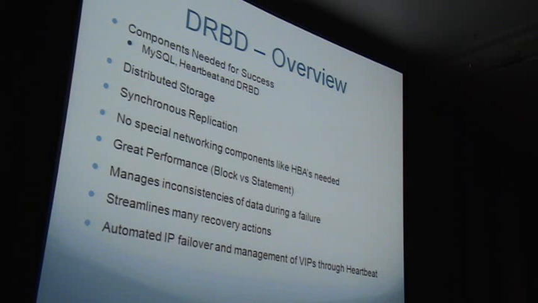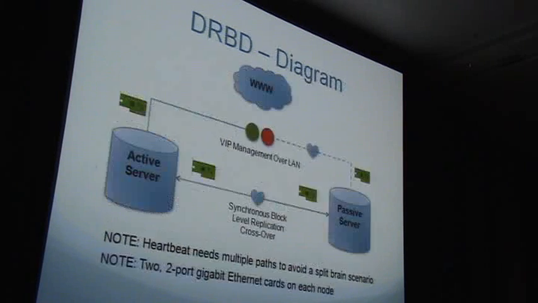It's synchronous replication. It's distributed storage. There's no special network components needed like an HBA, but you will use a crossover cable. It has great performance on block versus statement level replication. It manages inconsistencies. It streamlines many recovery actions, so it's not a manual process anymore. And then it has automated IP management.